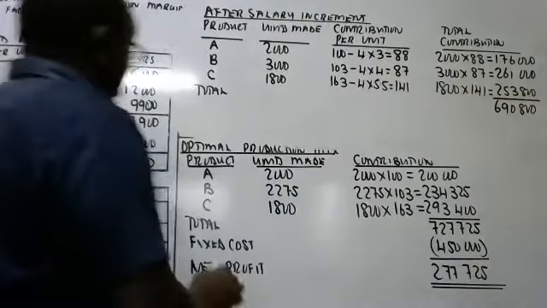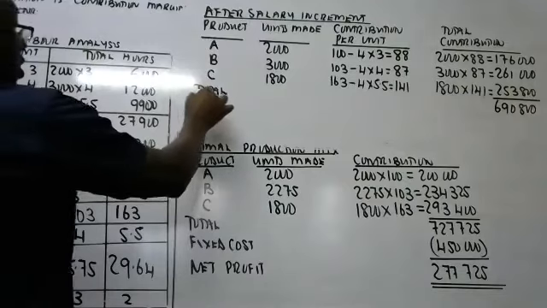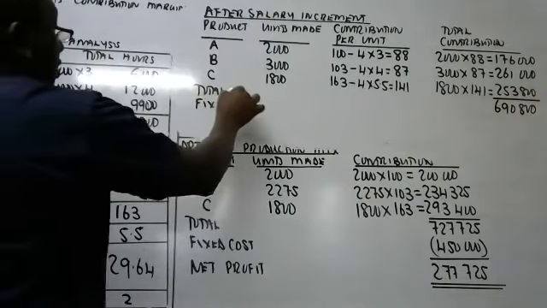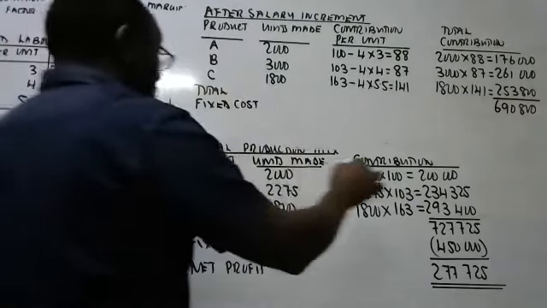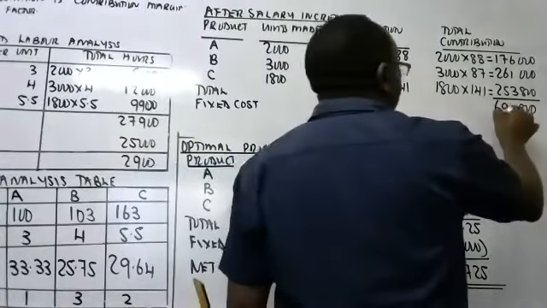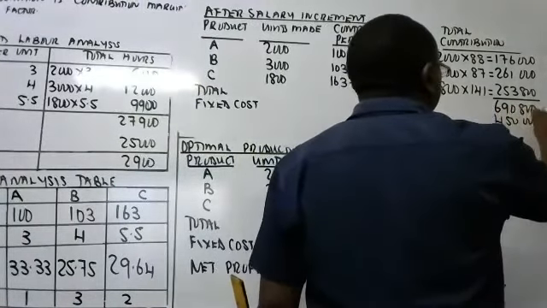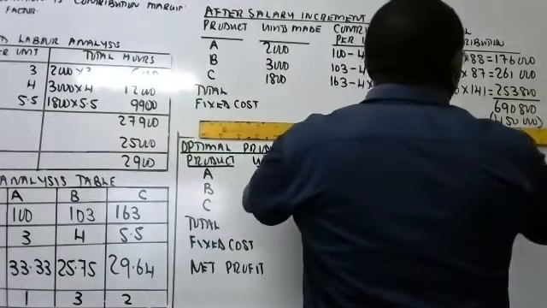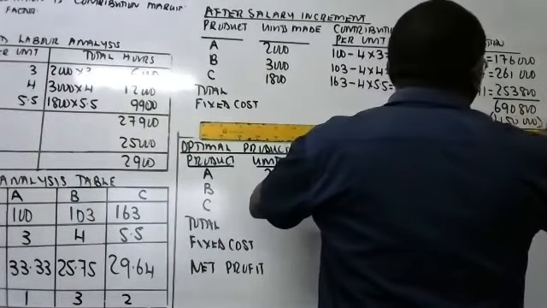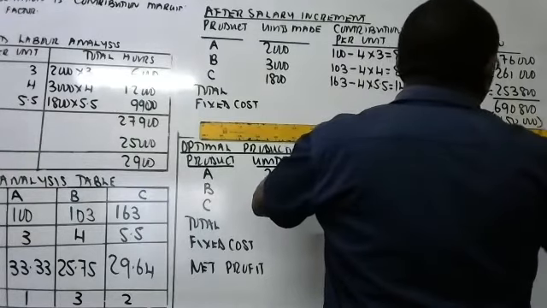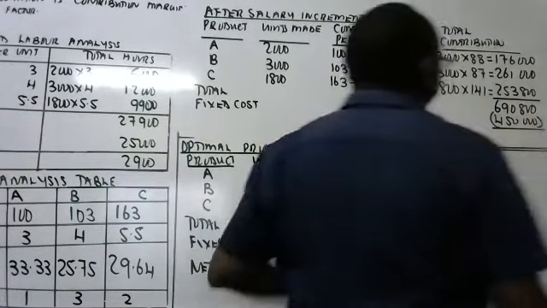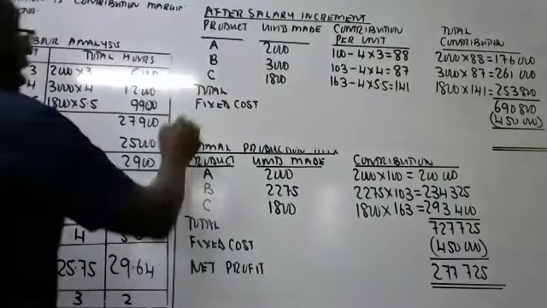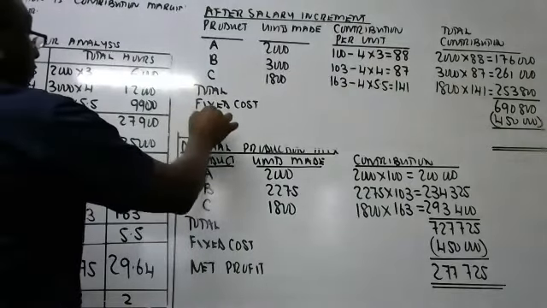Then we bring the fixed costs as 450,000, so that we have the net profit.